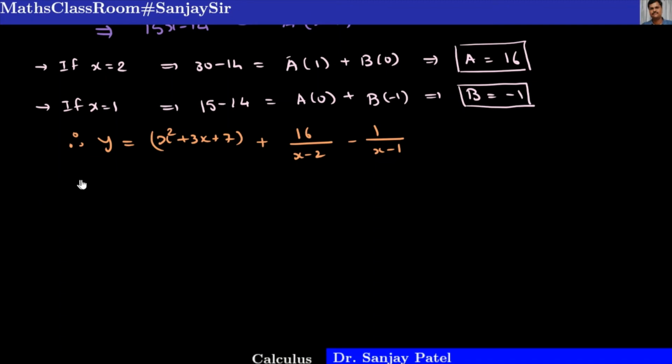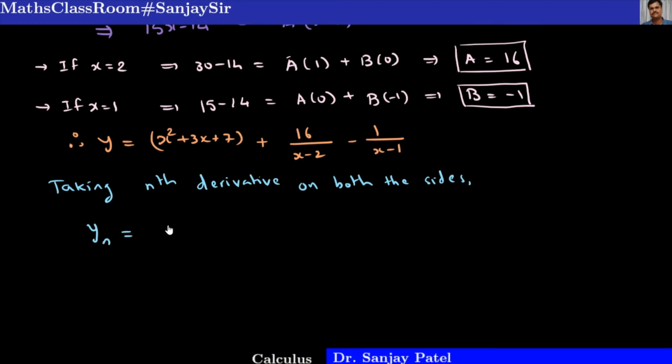So taking nth derivative on both the sides, we get yn here, and the derivative of this I am writing as 0, assuming that the value of n is greater than or equal to 3.